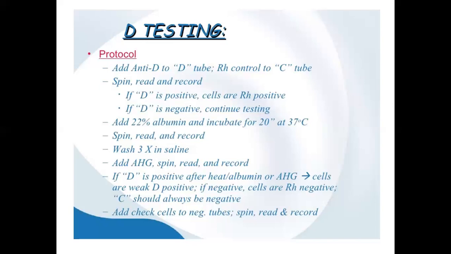So what is the danger there? The danger is that you are mistyped as Rh negative when you are supposed to be D positive, and your blood is transfused to an Rh negative recipient. Then you expose that recipient to the D antigen of the donor, although weak. So even if it is weak, it can still cause hemolytic transfusion reactions.